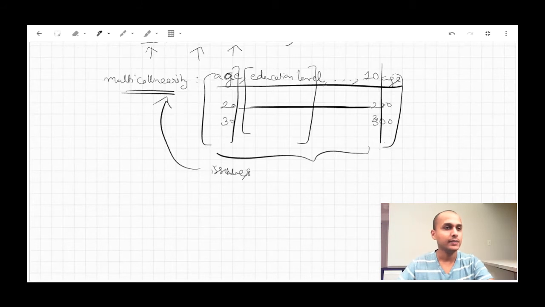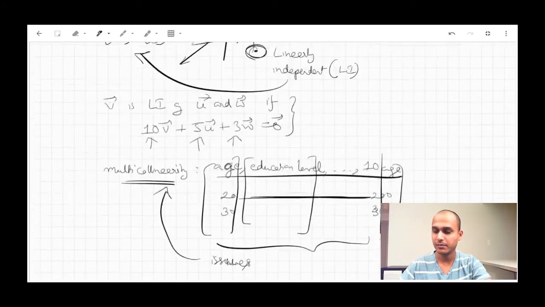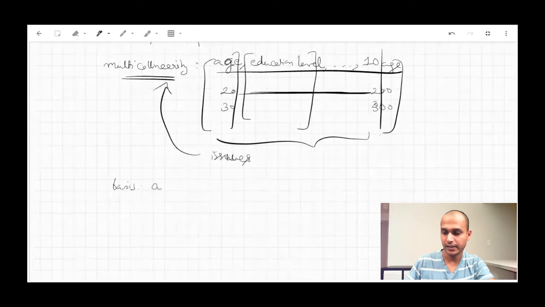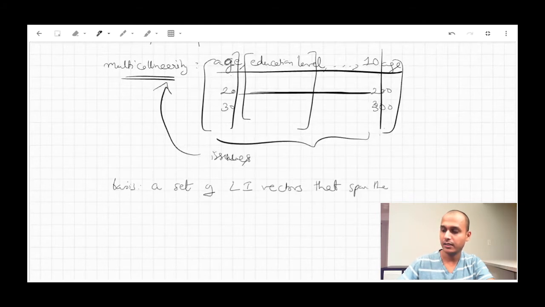Okay. Coming back to this notion of span, span lets us define a little bit more carefully what is meant by a basis. A basis is nothing but a set of linearly independent vectors that span the space.